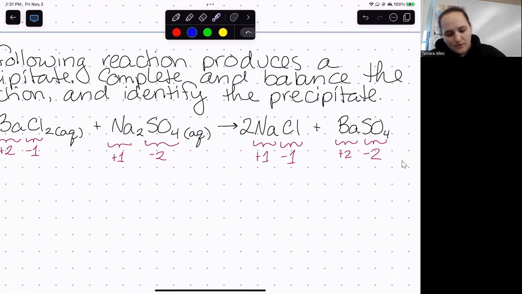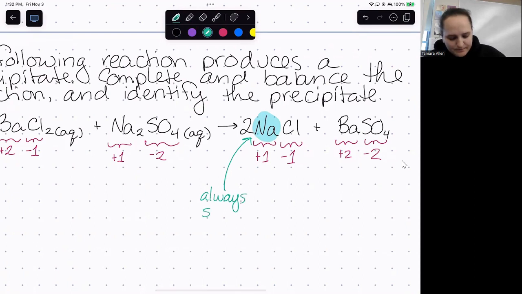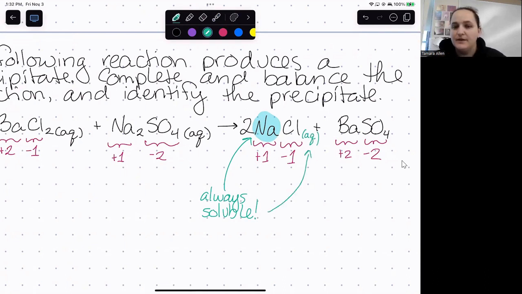And then we're also asked to identify the precipitate. So we want to look at what our products are and what we know about our solubility guidelines. One thing that we know is that sodium ions are always soluble. No matter what compound they are in, if it is an ionic compound containing sodium, it is going to be soluble. So that means that this guy is going to stay in the aqueous phase.